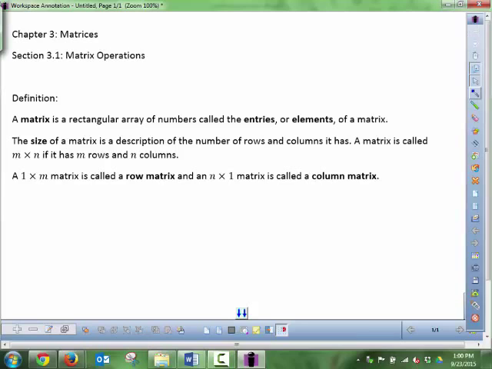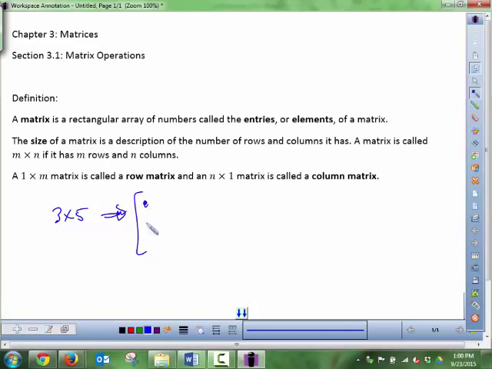So when I say that we have a 3 by 5 matrix, it has 3 rows and then 5 columns.